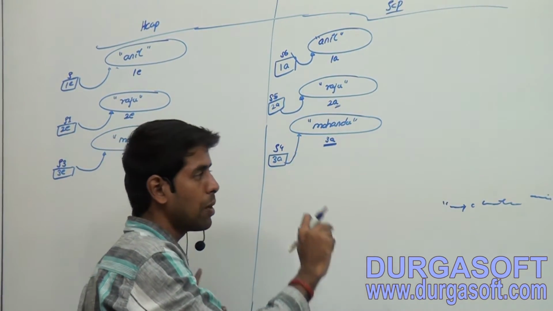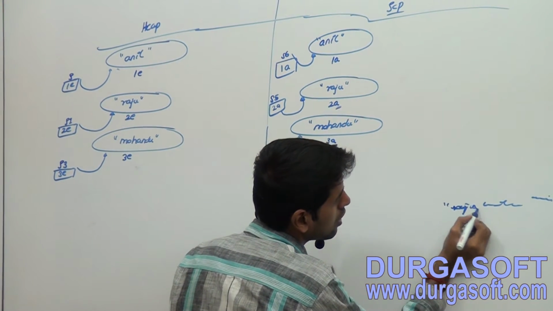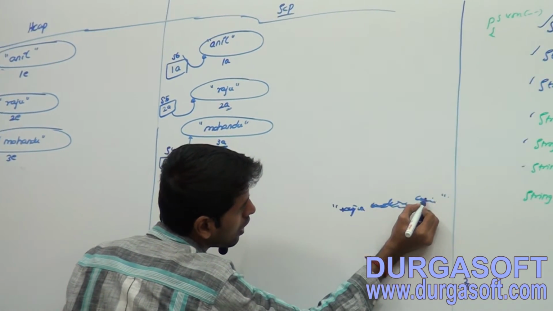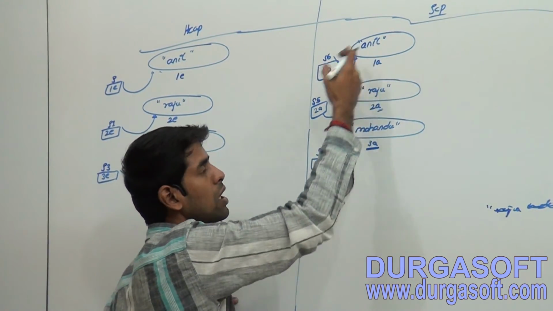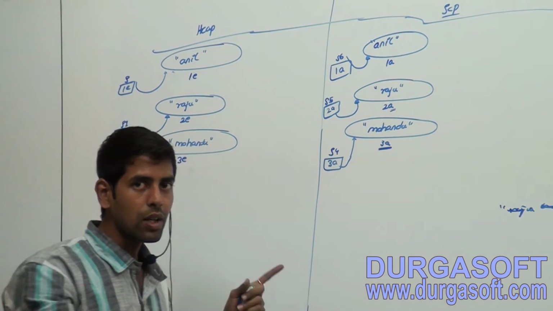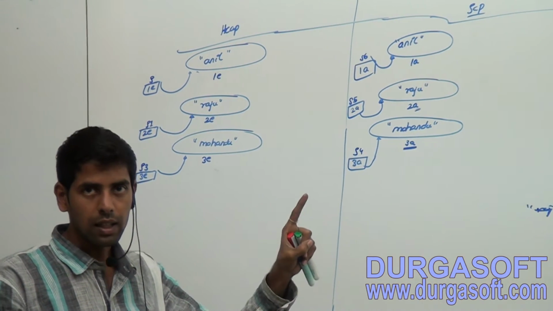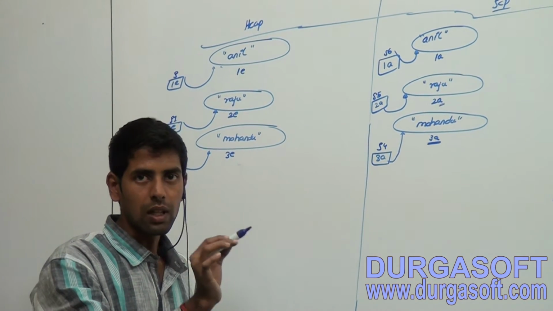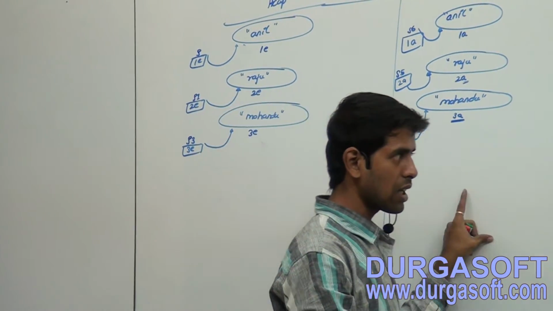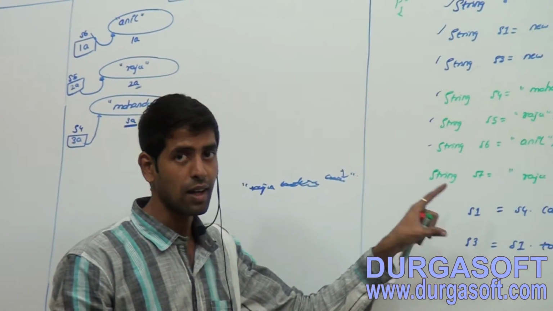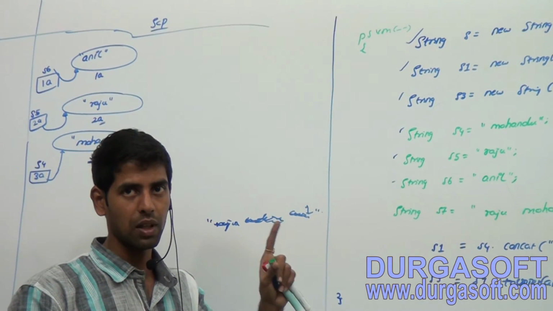No, Mohandu is available, but I want Raju Mohandu Anil. No, it is not available. Now what will it do? It will create that literal within an object. So that object will be created at which area? At the SCP only. Don't get confused.